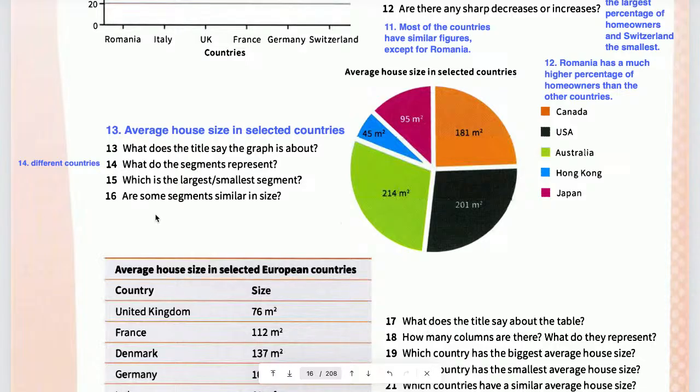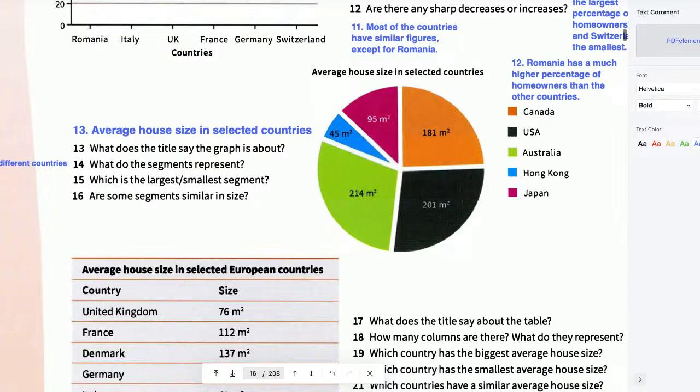So the largest segment is Australia, and the smallest one is Hong Kong, right? So you can write the answer there. You can simply mention largest, Australia, and then smallest, so that is Hong Kong, right?